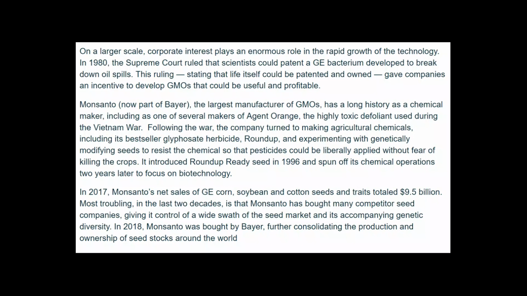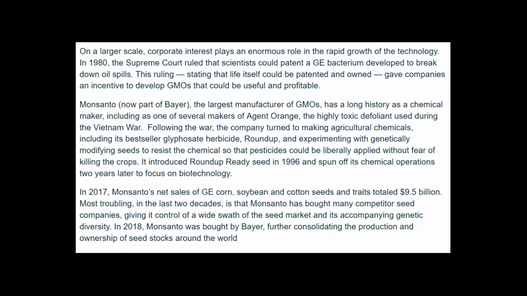Following the war, companies turned to making agricultural chemicals, including the bestseller glyphosate herbicide. And of course, that is highly carcinogenic. Roundup, and experimenting with genetically modified seeds to resist chemicals so that pesticides could be liberally applied without fear of killing the crops. It introduced Roundup Ready seeds in 1996 and spun off its chemical operations 2 years later to focus on biotechnology.